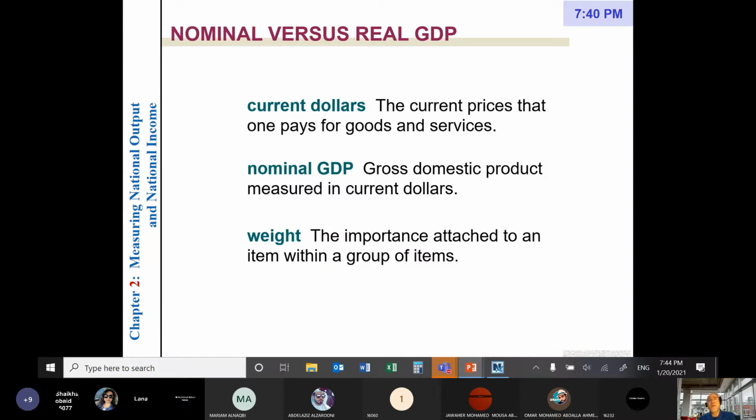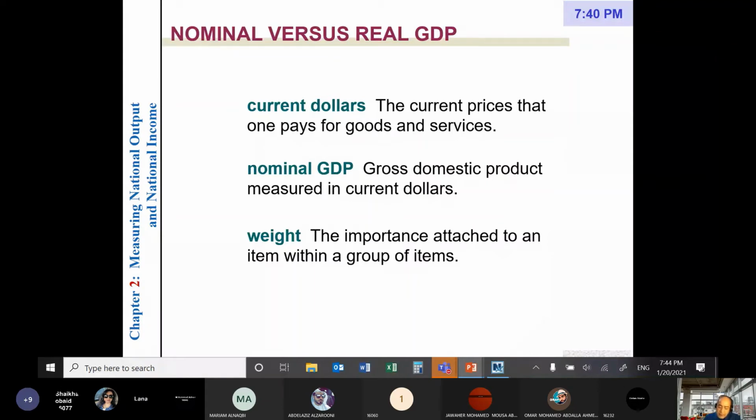For example, now we are in 2021. Assume we are at the end of 2021. So assume we are producing 2 goods, tomatoes and bread. The price per kilo of tomatoes is 5 dirhams, the price per loaf of bread is 2 dirhams. We produce 10 kilos of tomatoes and we produce, let's say, 6 loaves of bread.